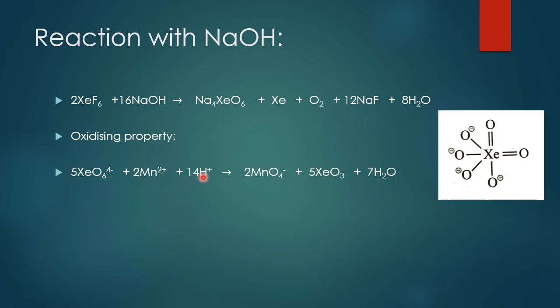Those will join with H+ as well as Mn2+. Here the perxenate is losing oxygen, and the oxygen is gained by the manganese. Addition of oxygen is called oxidation. So this undergoes oxidation and this undergoes reduction. This is one way in terms of oxygen.